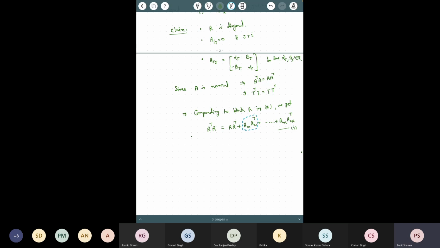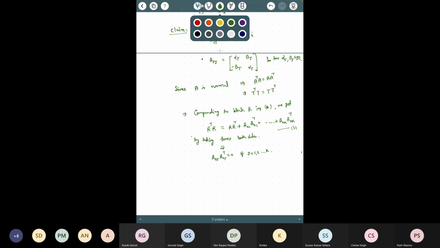Just think about why. So by taking the trace of both sides, this implies that A0J transpose equals 0 for all J equal to 1 to K. This you verify.